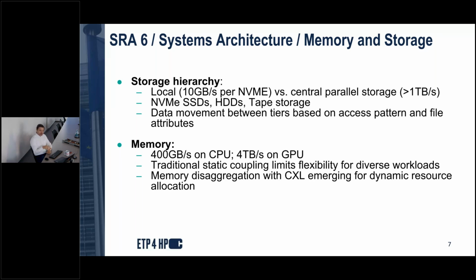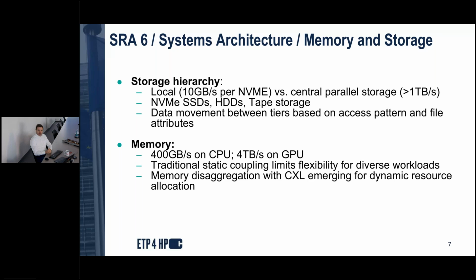So they can store the data locally on a node, and in this way do not use the central parallel storage too much. So other users who really need the central storage are not hindered or slowed down by those training algorithms.